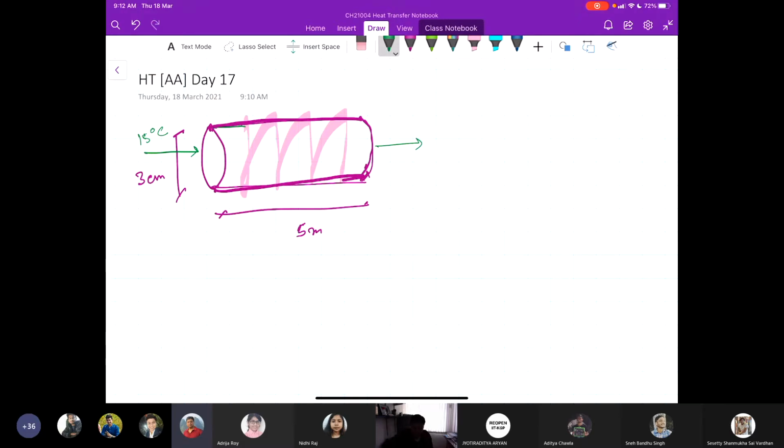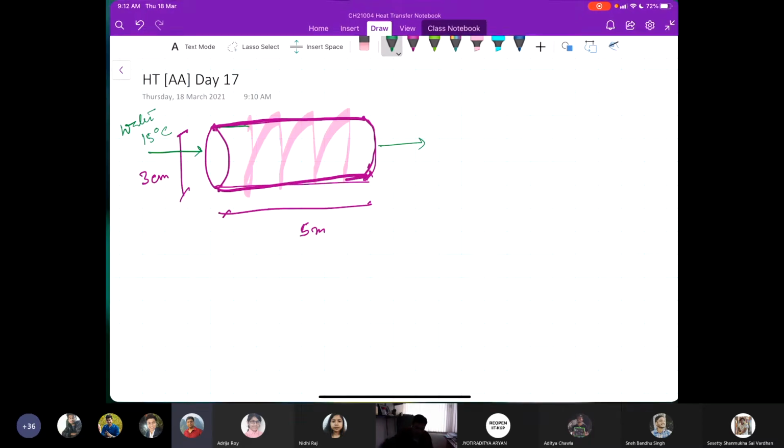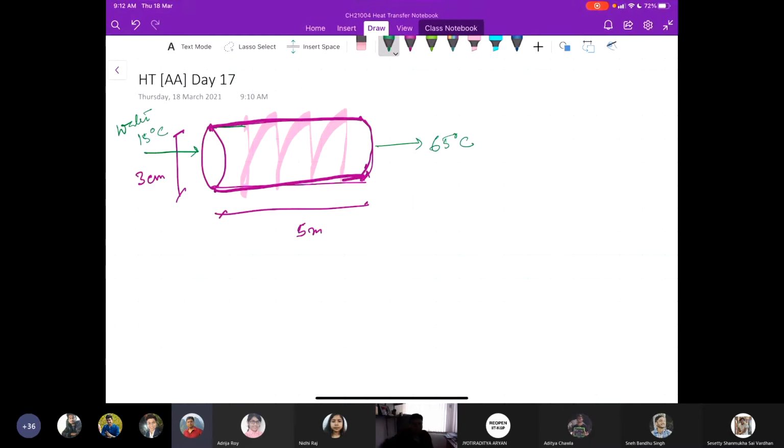The water that is entering at 15 degrees centigrade is coming out at 65 degrees centigrade. So this is a steady state scenario.